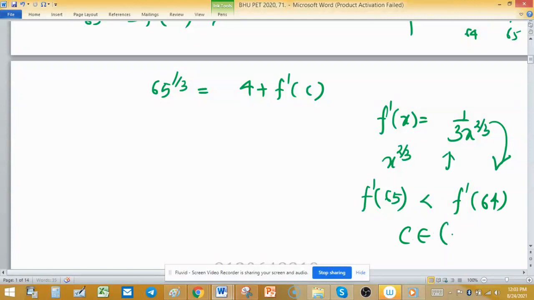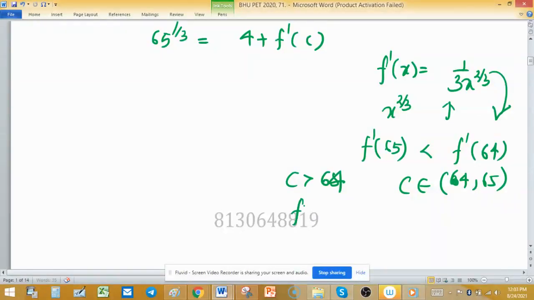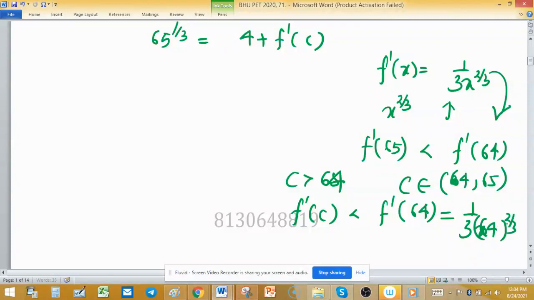Also c belongs to the open interval 64 comma 65, meaning c is greater than 64. It means the value of f dash c is less than the value of f dash 64, and f dash 64 is equal to 1 upon 3 times 64 raised to the power 2 by 3, which is 1 upon 3 into 16, meaning 1 upon 48.